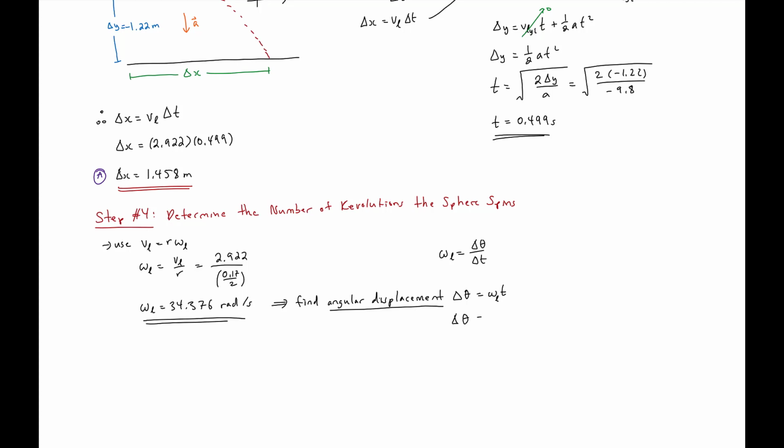So delta theta is equal to 34.376 radians per second times 0.499 seconds.